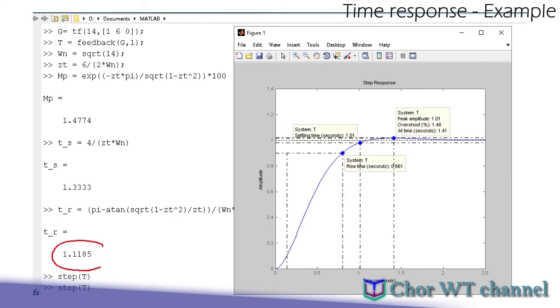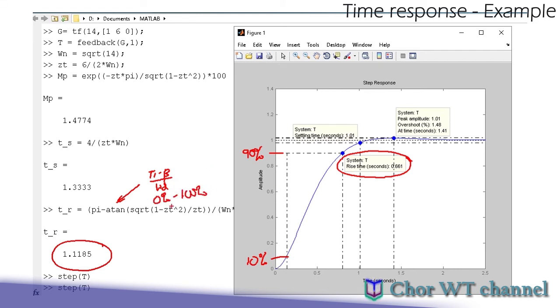The next thing I want to look at is the rise time. Rise time here is about 1.12 seconds, but here it is showing 0.661. The obvious reason is that MATLAB shows the rise time determined from 10 to 90%, but our calculation based on the formula pi minus beta divided by omega d determines the rise time from 0% until 100%.